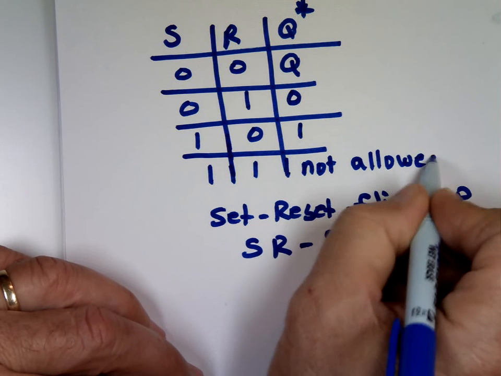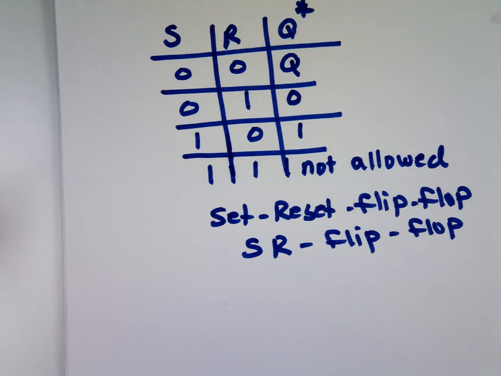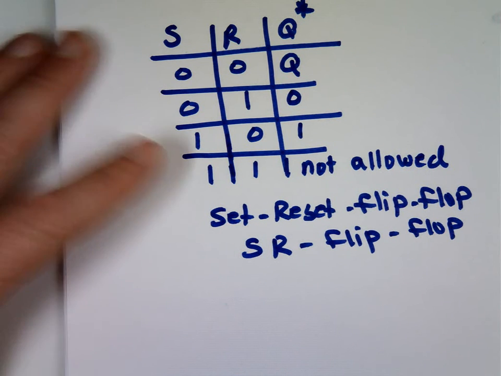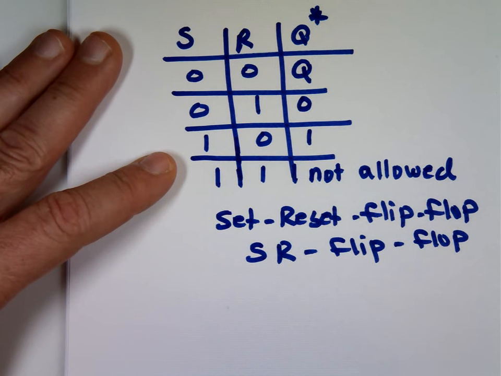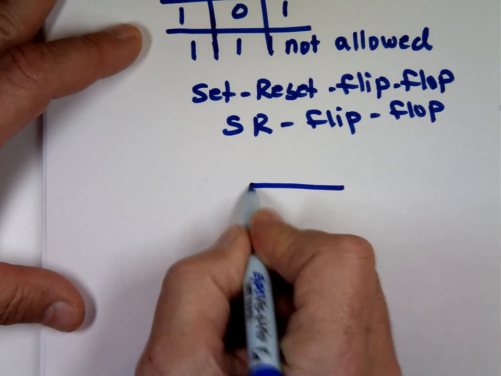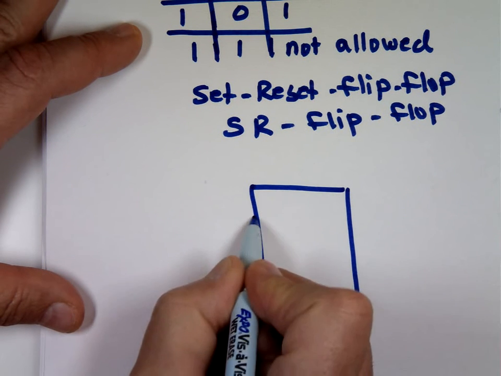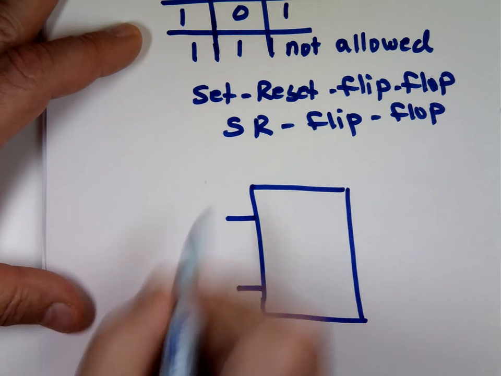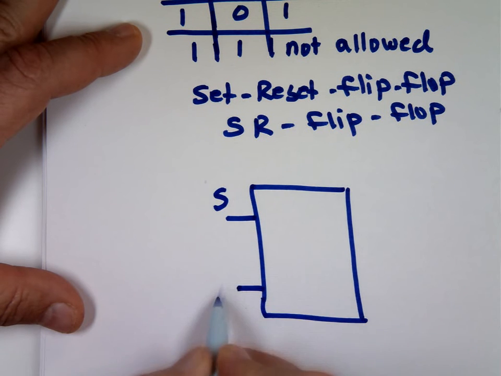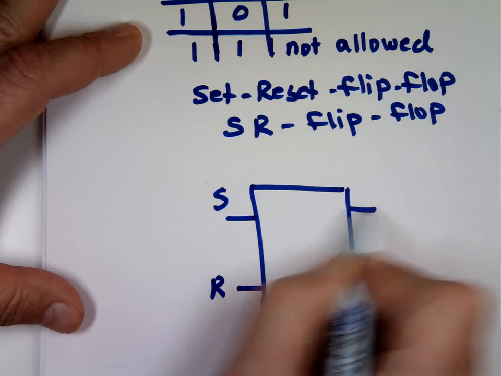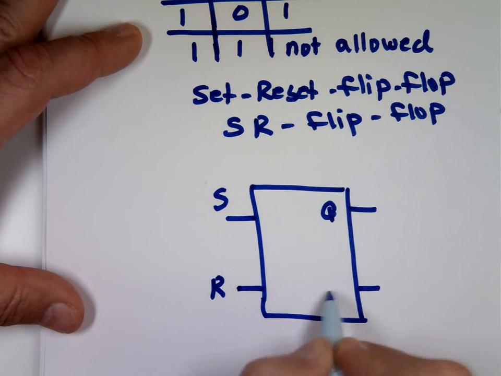The reason you don't want to put 1 and 1: when you look at that flip-flop, again, I'm not showing you the clock and the preset and the clear, which we have them all. We have two inputs, S and R, and two outputs, Q and Q naught.